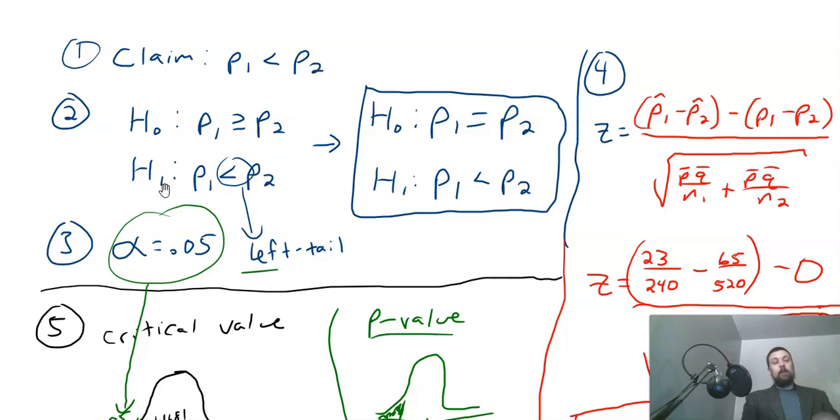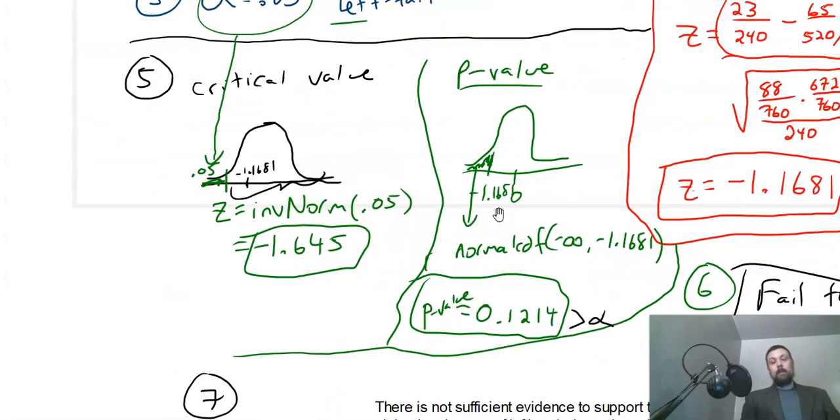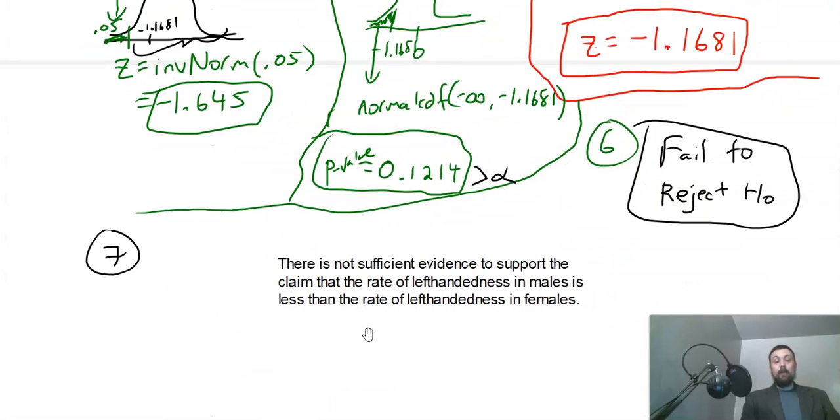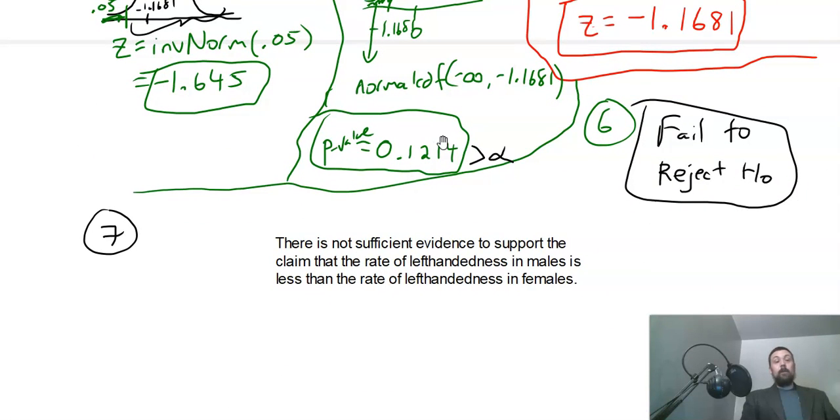The claim is the alternative. So whatever conclusions I draw about the alternative hypothesis, I'm drawing about the claim itself. I'm failing to support the alternative hypothesis, so I fail to support the claim itself. And that's why we use that language there. All right, so that's the conclusion for the hypothesis testing.